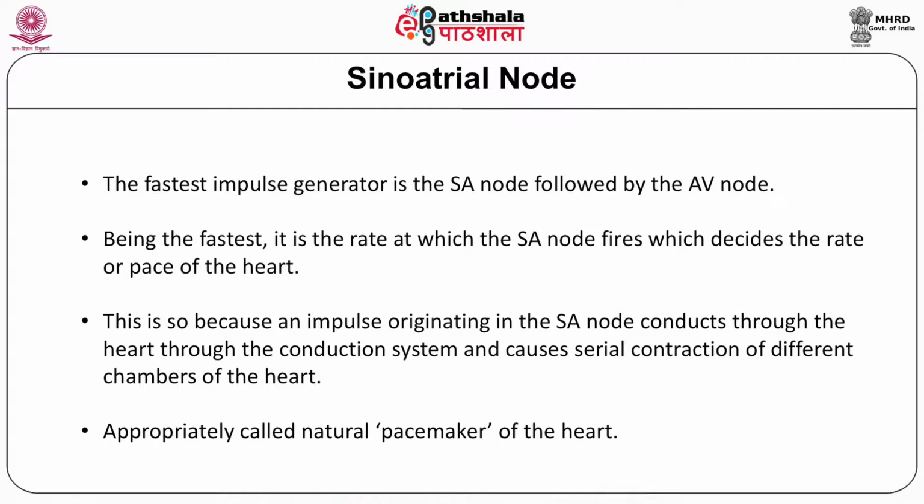Being the fastest, it is the rate at which the SA node fires which decides the rate or pace of the heart. This is so because an impulse originating in the SA node conducts through the conducting system and causes serial contractions of different chambers of the heart.